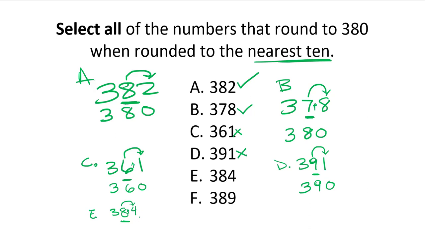So it's not 5 or more, it's only 4. So therefore, the 3 remains the same, the 8 remains the same, but everything after the underlined digit becomes a 0. There we go. So yes, 384 does round to 380. So that is also an option.